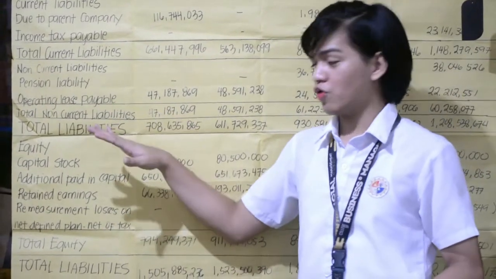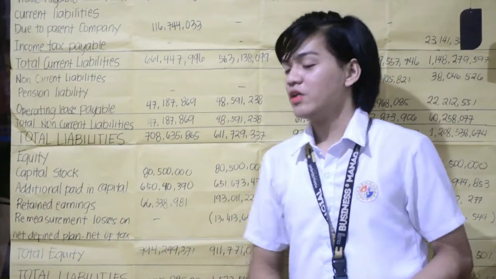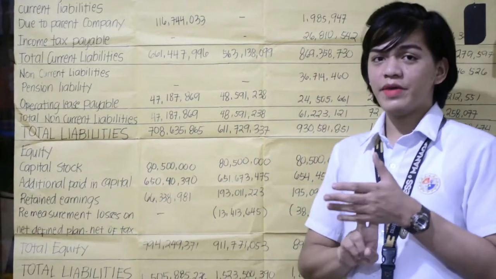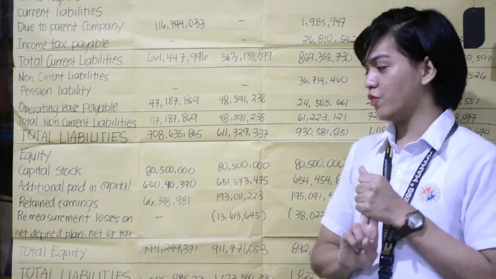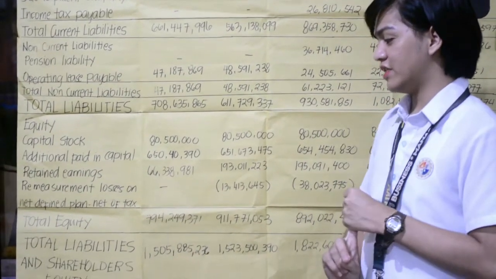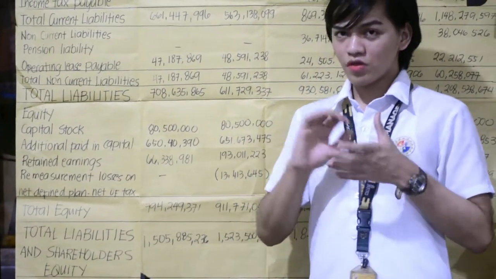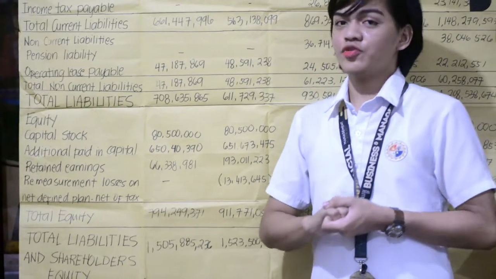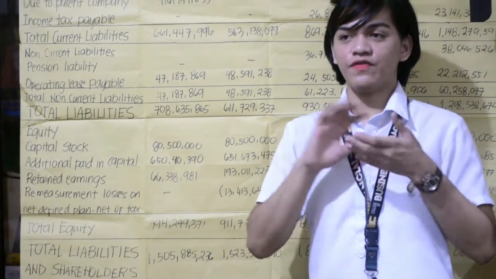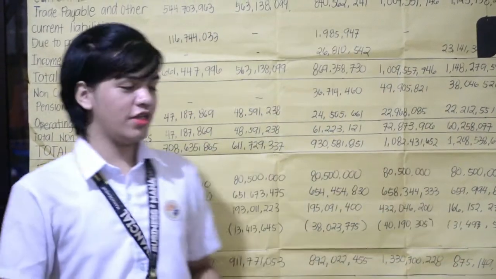We need also to total the equity to arrive at the second main section of the financial position, which is the total liabilities and shareholders equity. After getting the total of these, it should be balanced with the total assets of the given entity, and we have now arrived at the financial position of the given entity. That's the 5-year consolidated financial position of the Red Ribbon Bake Shop Incorporated.